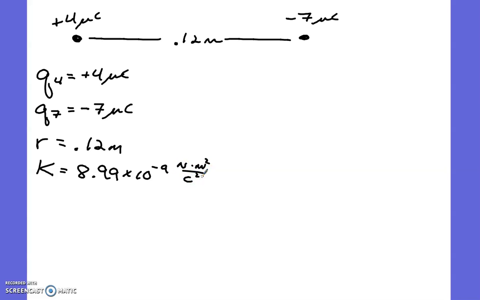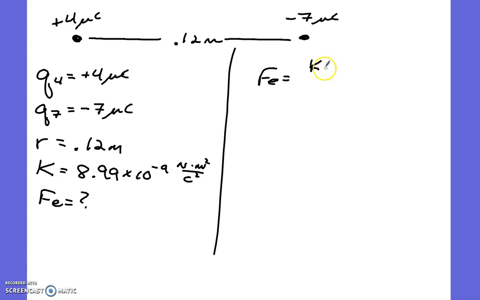For letter A, we want to know what is the electric force between the two charges. So we're going to go to our formula. It's pretty straightforward for part A. It is Coulomb's constant times the value for each charge divided by the distance squared.